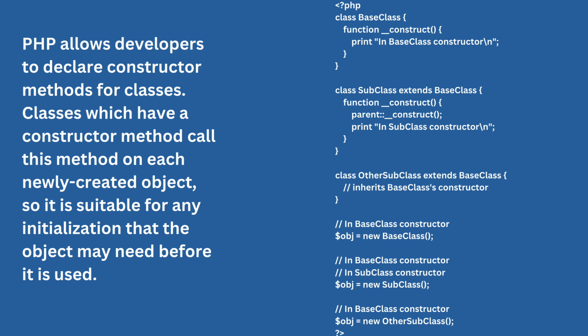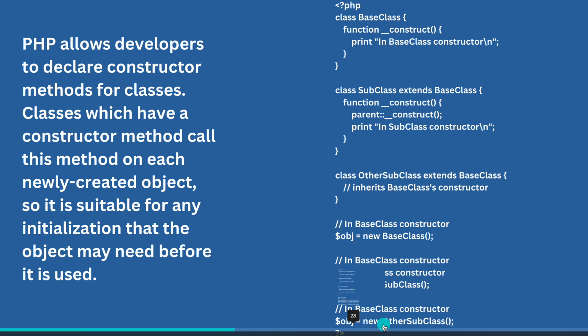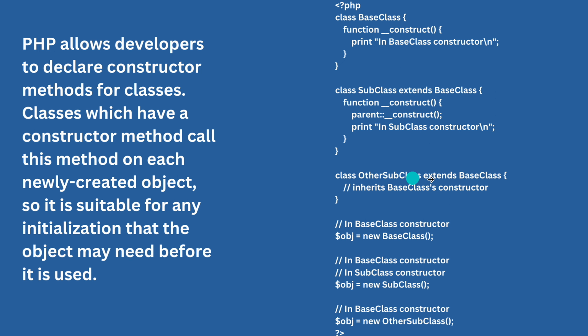So what will happen in the other subclass constructor, the last one? I'm creating an object of which class? This one, which extends the base class.